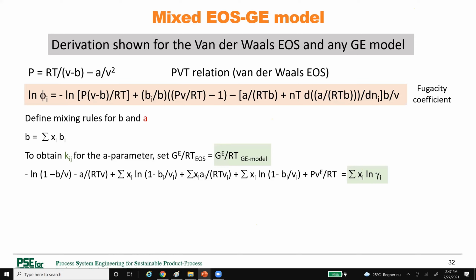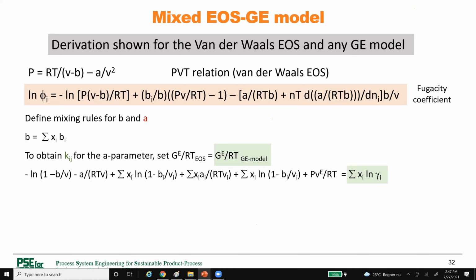To get A, rather than use the interaction parameter that we used in the equation of state for SRK before, what we say is that the GE by RT for the equation of state is equal to the GE by RT for a Gibbs energy model at a certain pressure. And then on the left-hand side, we write the expression for GE by RT, EOS. On the right-hand side, we write the expression for GE by RT with the GE model, which is the summation of Xi ln gamma.